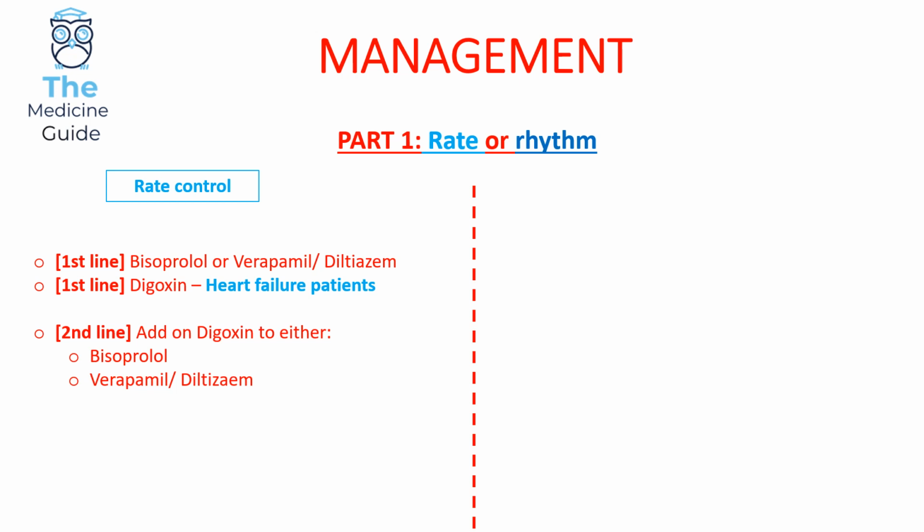These patients are symptomatic, if it's their first ever episode of atrial fibrillation, if they're suffering from a lone atrial fibrillation, or atrial fibrillation which is secondary to a reversible cause such as alcohol abuse, or patients who are suffering from congestive heart failure, then rhythm control is something that is preferred.